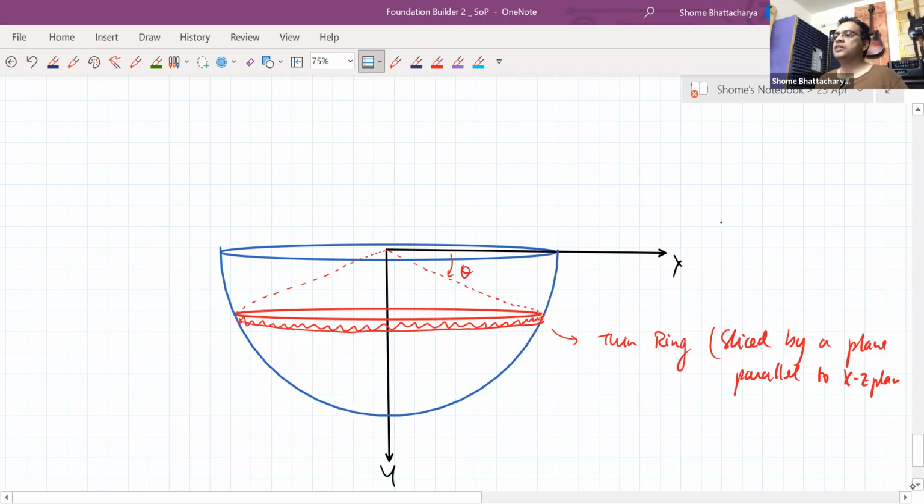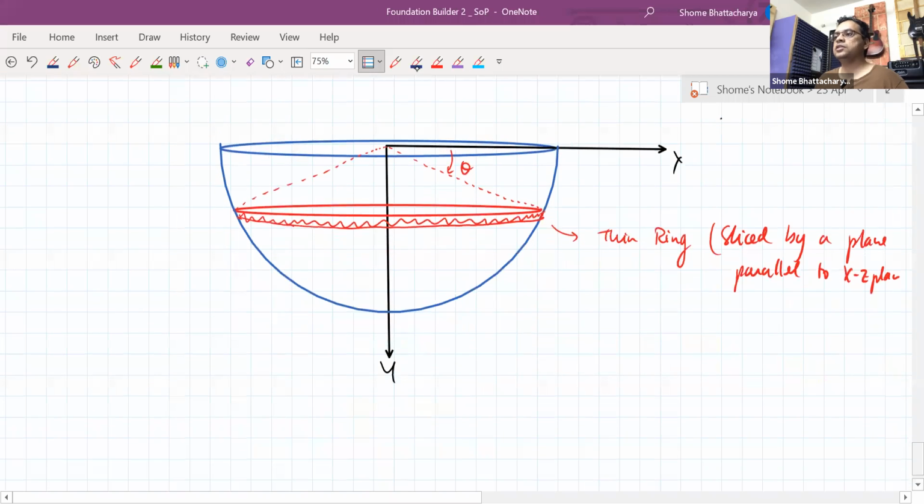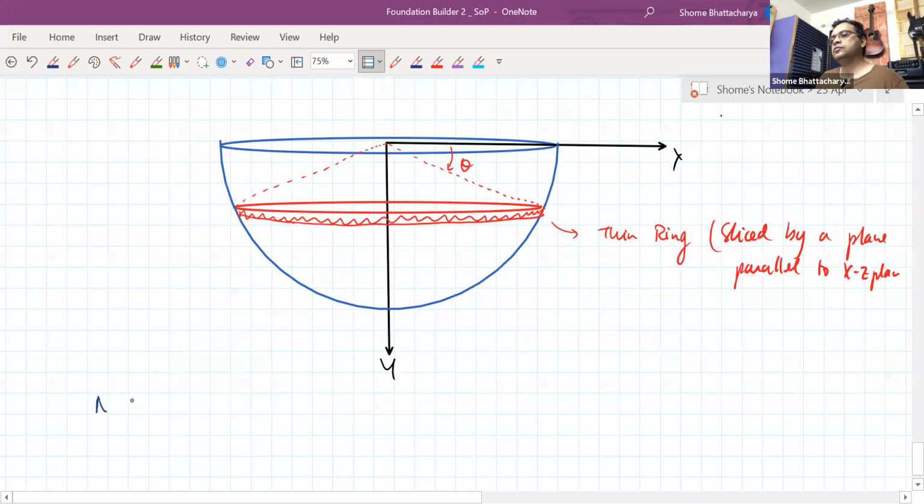Okay. So that is a sort of convention that we'll follow when doing integration on the surface of a spherical object, or even a hemispherical thing.